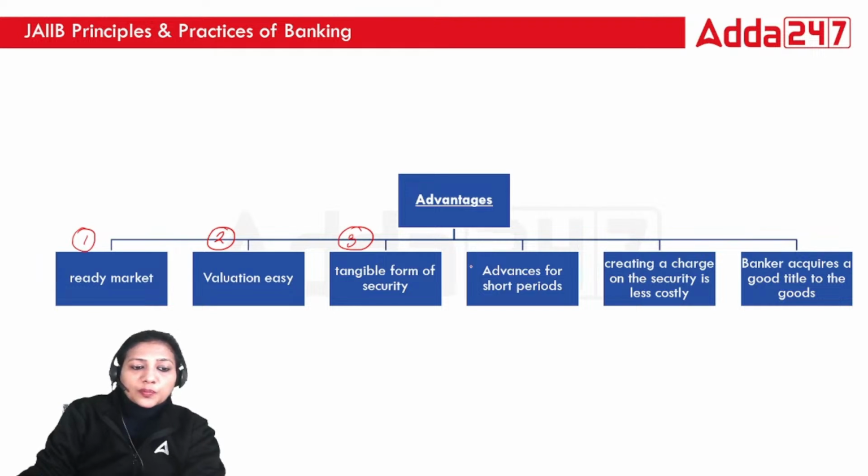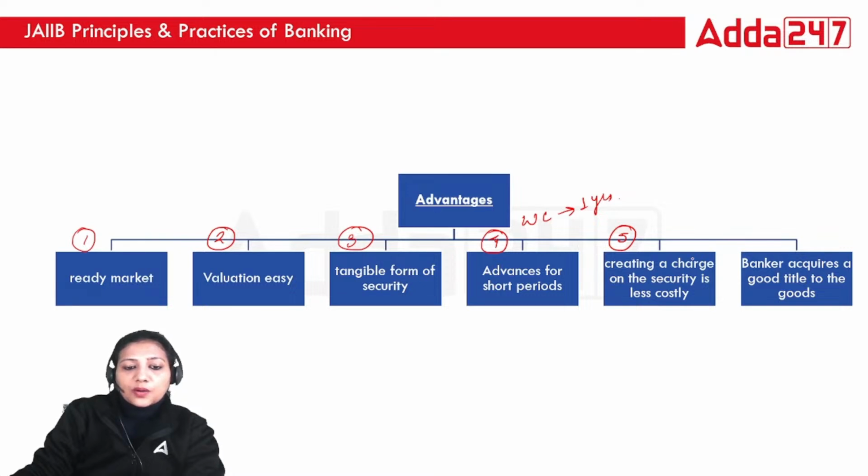Fourth, advances are for a short period. We usually give loans in case of goods as working capital loans. Working capital is for 1 year and we have to review or renew it on a yearly basis. So usually the advances given against goods are for a very short period of time. Fifth, creating a charge on security is less costly compared to land and property.